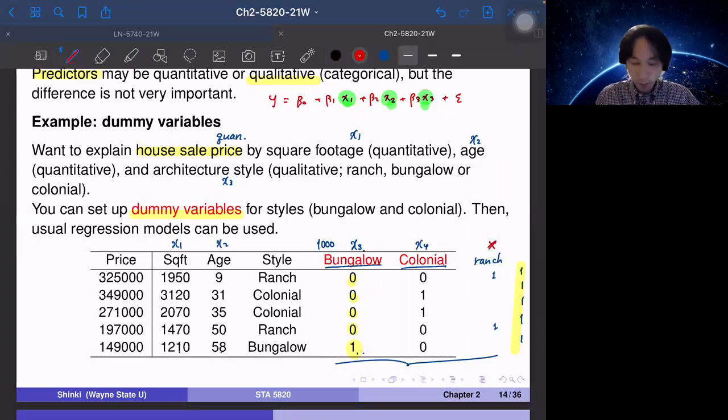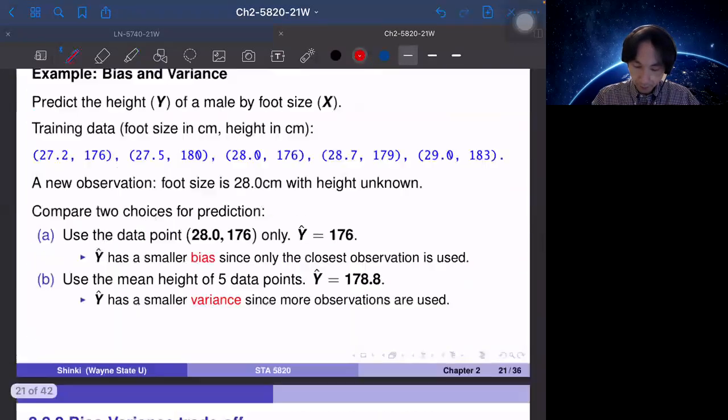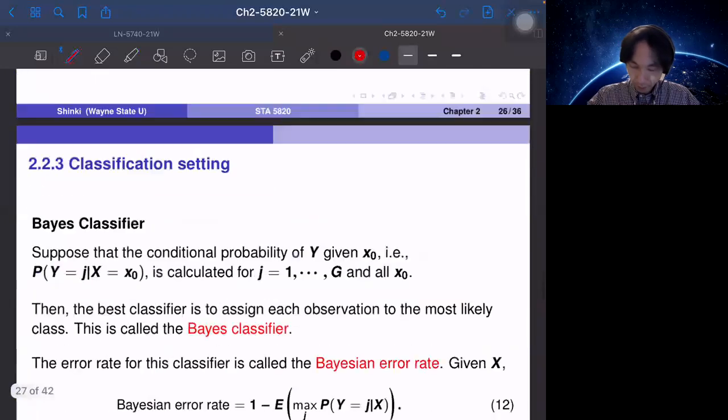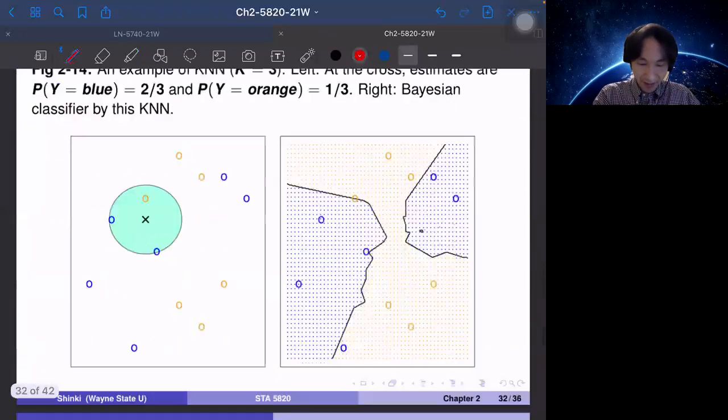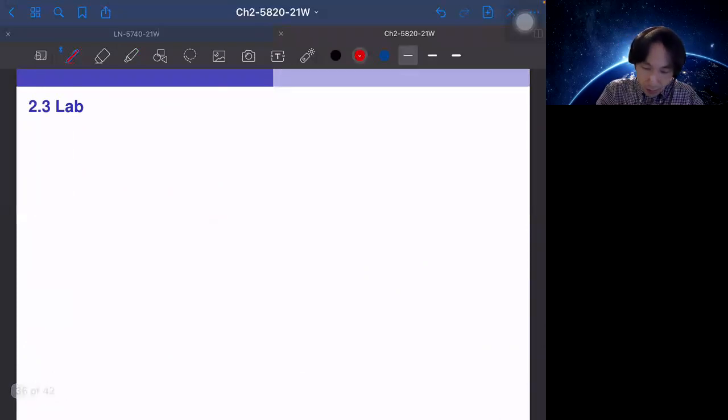So maybe think about it. Suppose that we have just five observations, y1 to y5.